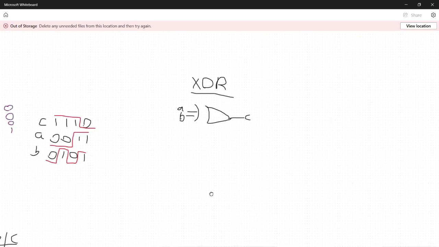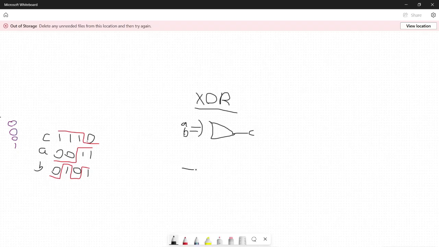Now, the reason this is exclusive is instead of just being a parallel branch with just a normally open or normally closed together, it has this: normally open, normally closed, and then a normally closed, and a normally open. So this is A, this is A, this is B, and this is B.